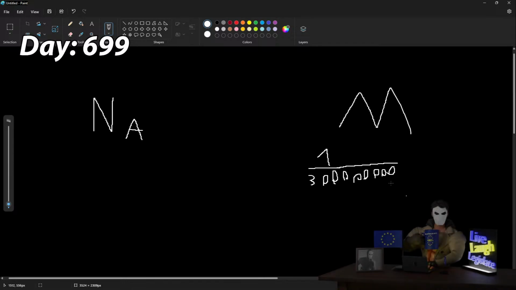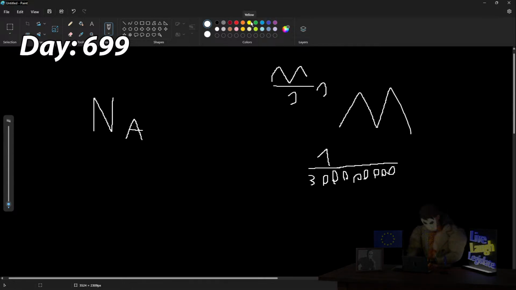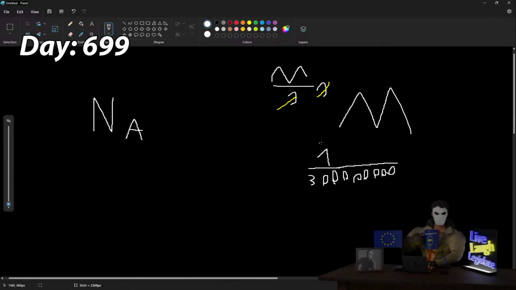So speed of light is velocity, meters per second. However, if we check the distance it traveled in a second, cancel them out, and multiply by 1 divided by 300 million, we get a meter. Hence, length.